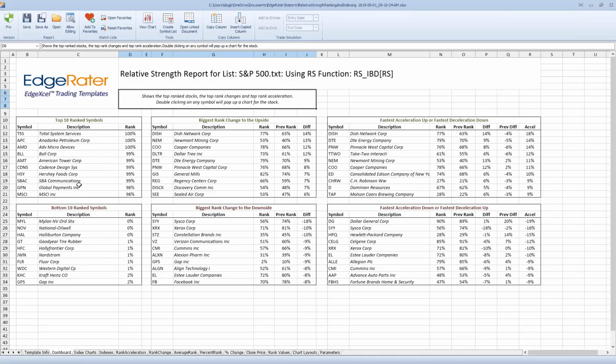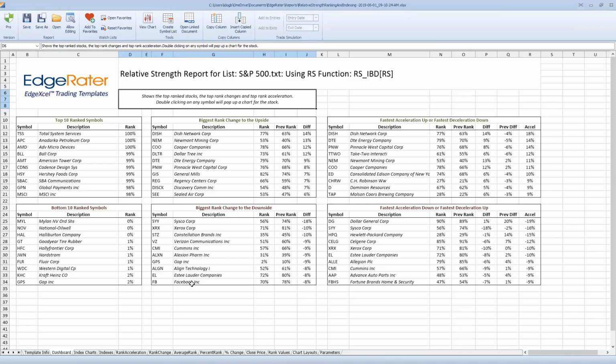So you can immediately see top and bottom 10. Second thing it's doing, it's figuring out what has moved the most in terms of the ranking. So it may not be the highest ranked at the moment, but compared to yesterday, it moved more than other stocks. So the one that moved the most is Dish Network. The one that moved most to the downside is Cisco.